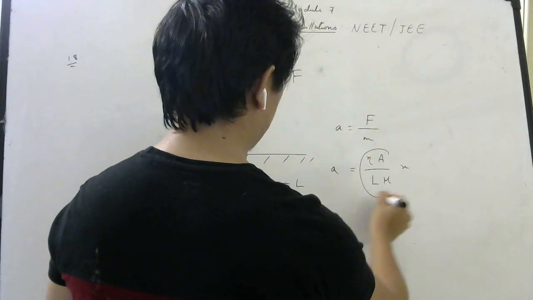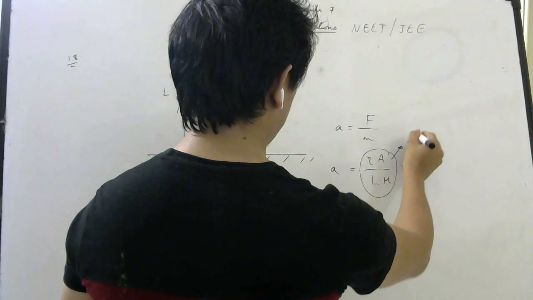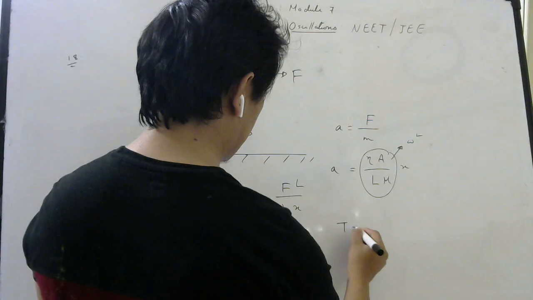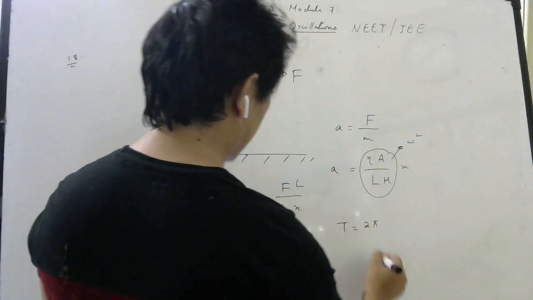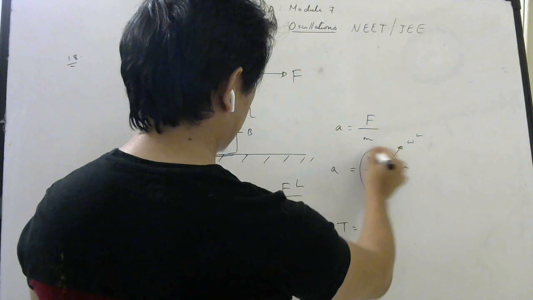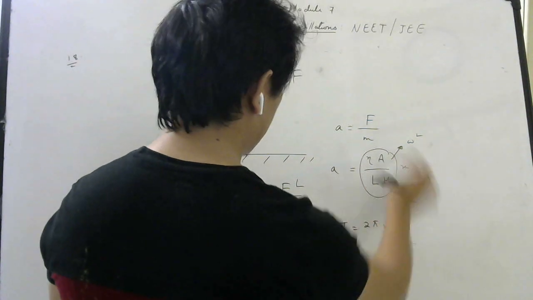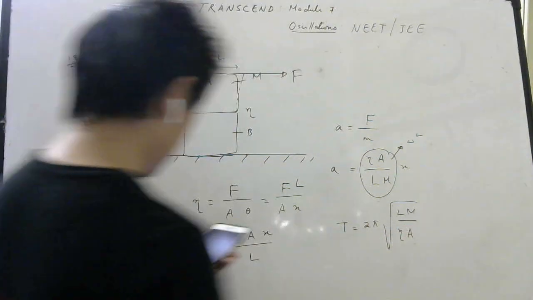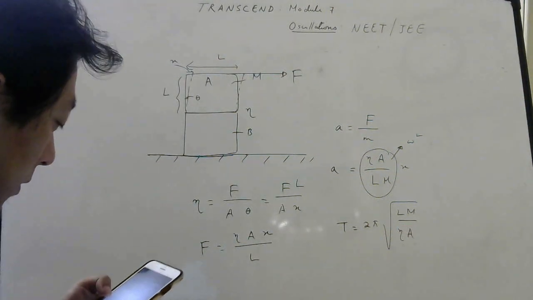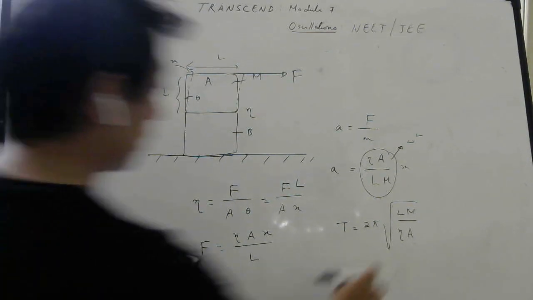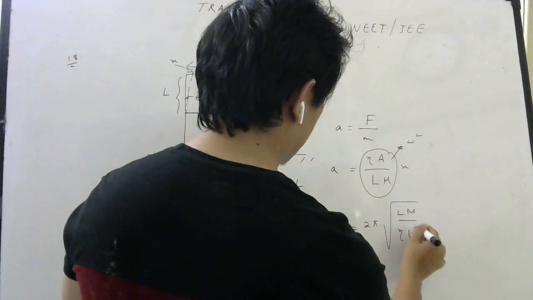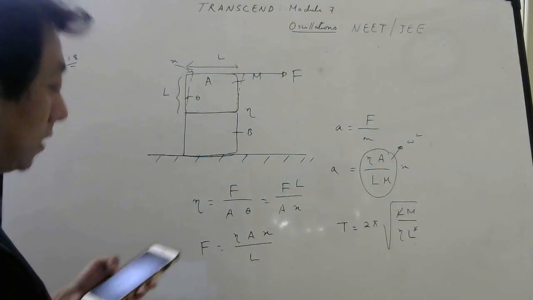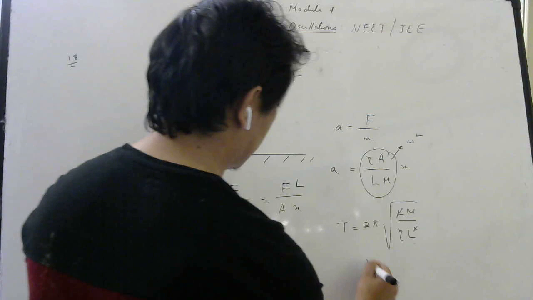So this quantity will play the role of omega square. So period will be 2 pi divided by omega. Root of this will be omega, so the period becomes 2 pi root over Lm by eta A. Here area you can write as L square, so one L will cancel. So it will be 2 pi root over m by eta L, option D.